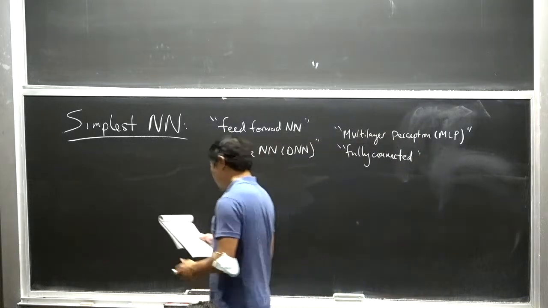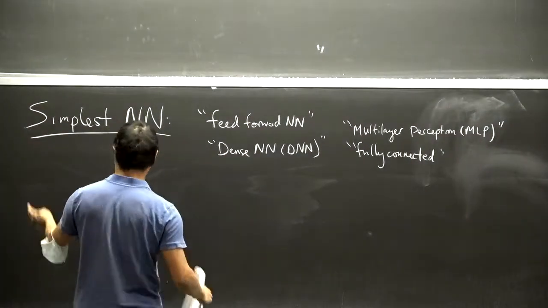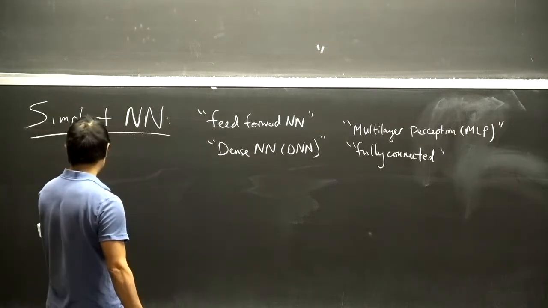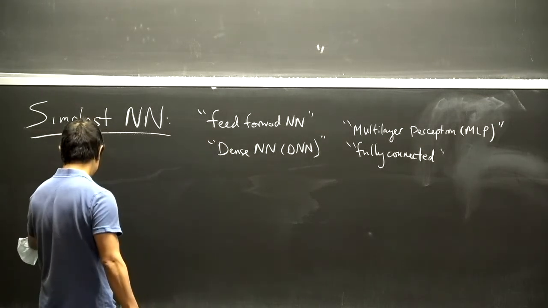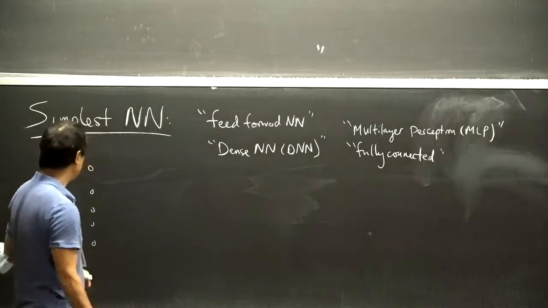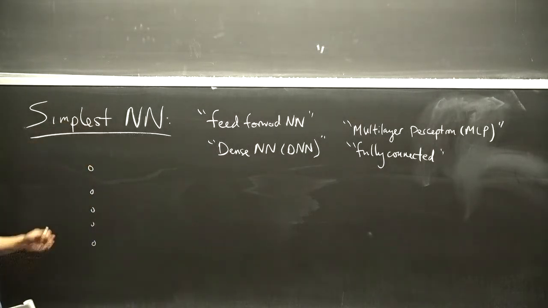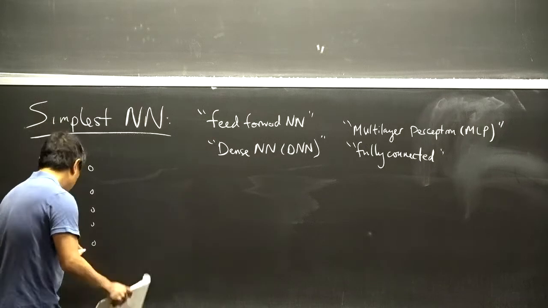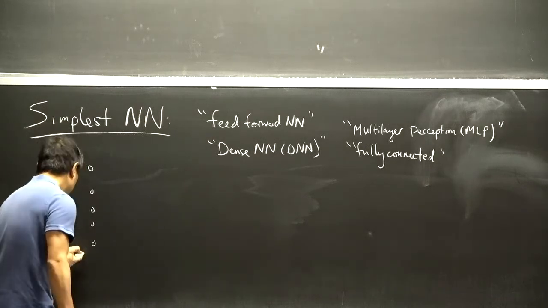OK, and it's probably the picture you've seen before, but you usually represent it with a series of dots or circles that are called nodes. And you start with what's called the input layer.